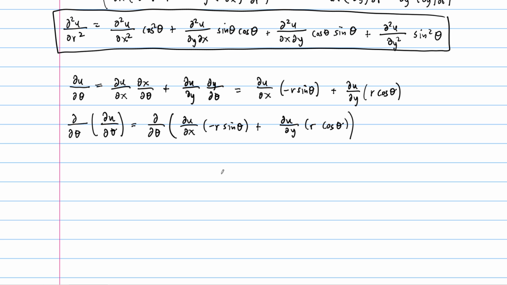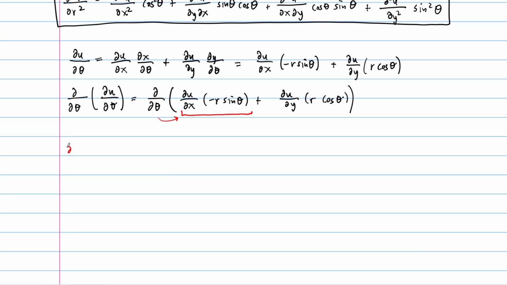And these ones I want to do individually, so let's color code these. So I'm going to do this one in red. When I underline here, that derivative is going to hit this, right? And so let's write it out. So this is going to be d by d theta applied to du by dx, leave this one alone. This is a product rule. This is why I'm writing it out in multiple steps here.